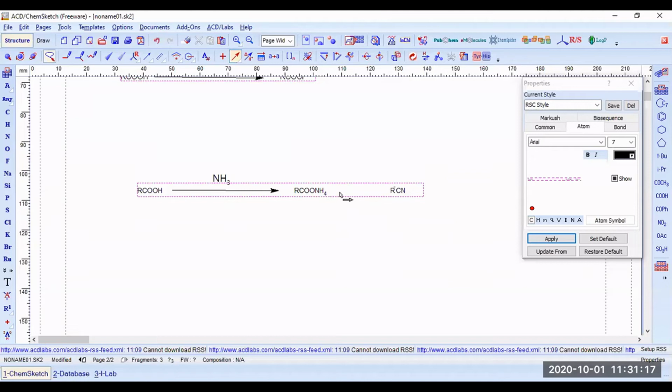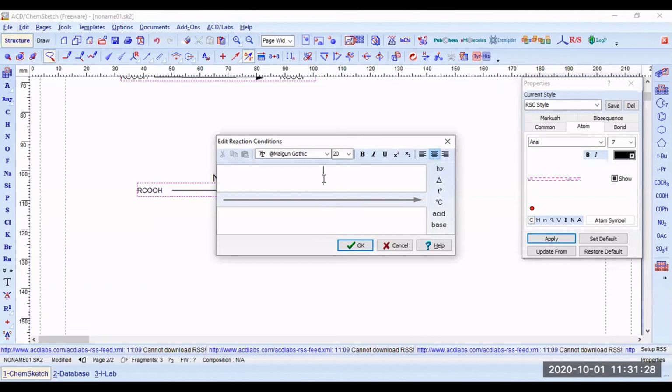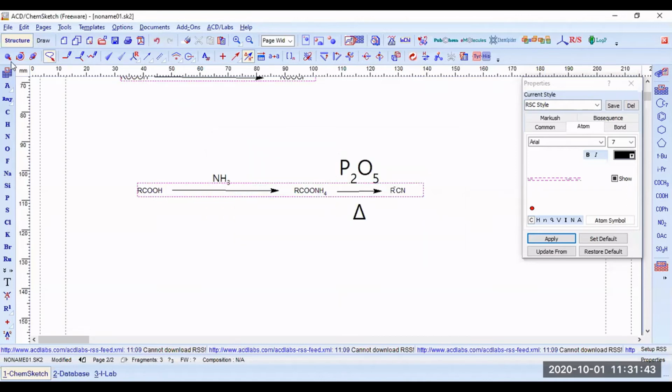On heating it with P2O5, it will generate alkyl nitriles. That is the reaction. P2O5 and heating will give us the alkyl nitrile.